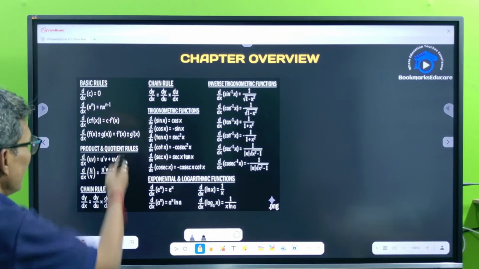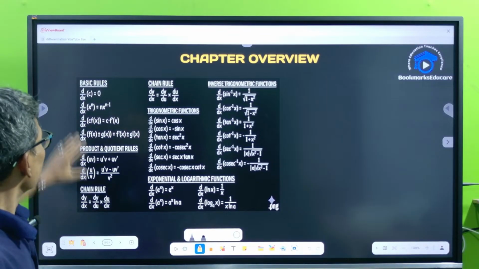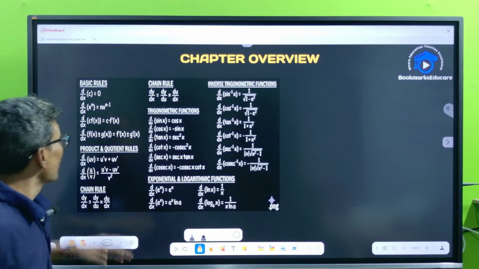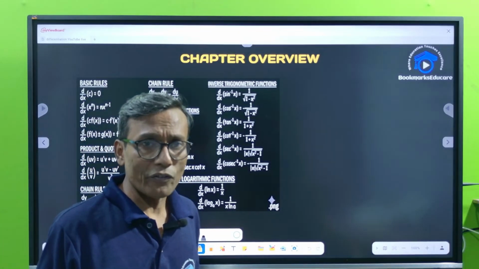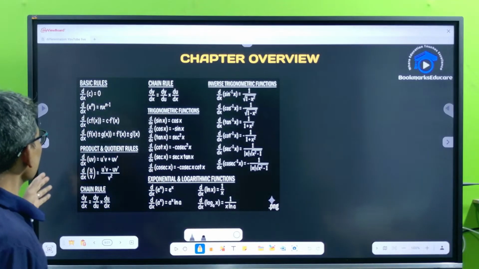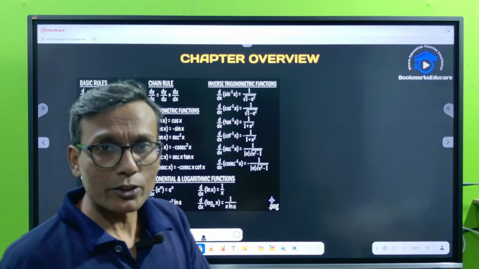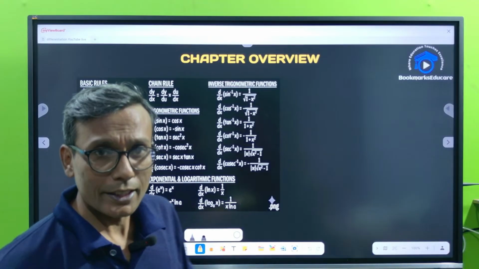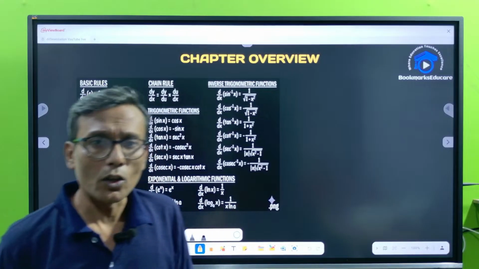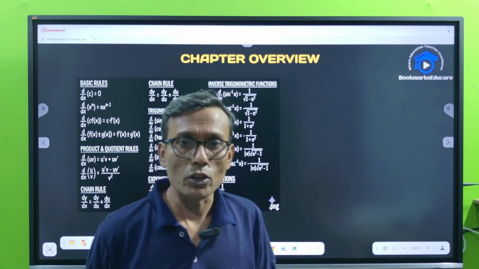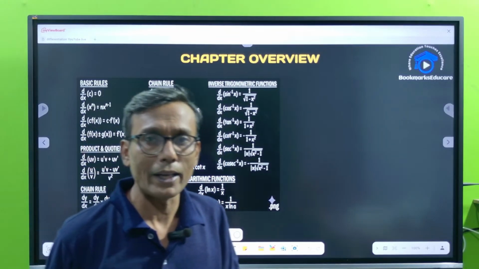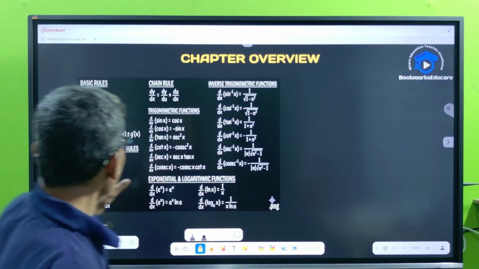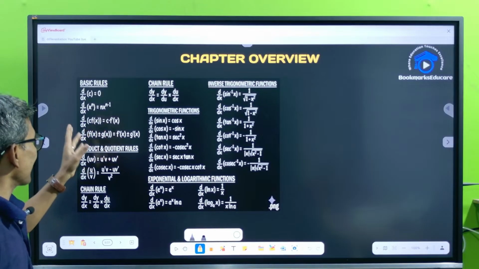Here the formulas are: d/dx of c, where c is a constant, is 0. d/dx of x to the power n is n into x to the power n minus 1, where x is a variable and n is a constant, standing for any number. d/dx of c into f(x), where c is a constant: if any constant is multiplied to a function, or a function is divided by a constant, then the constant comes out of the differentiation, so it is c into d/dx of the given function.